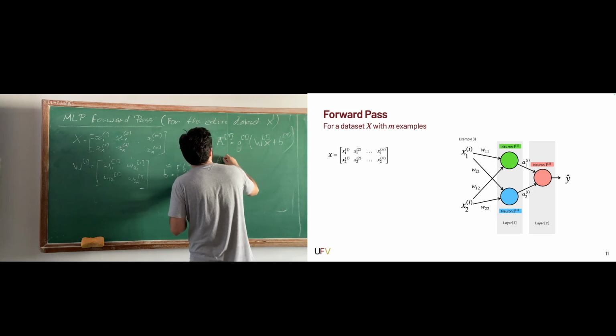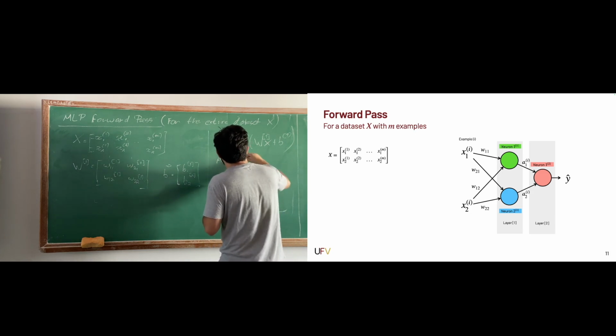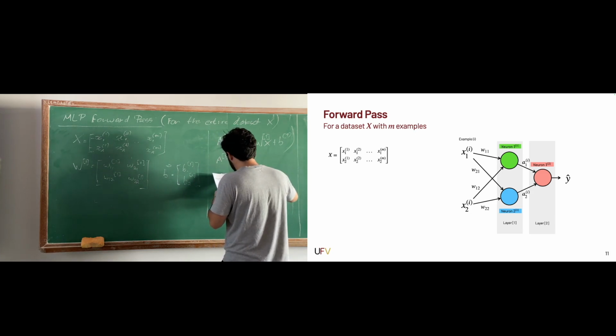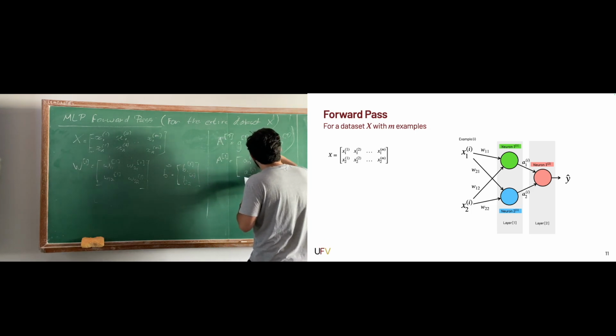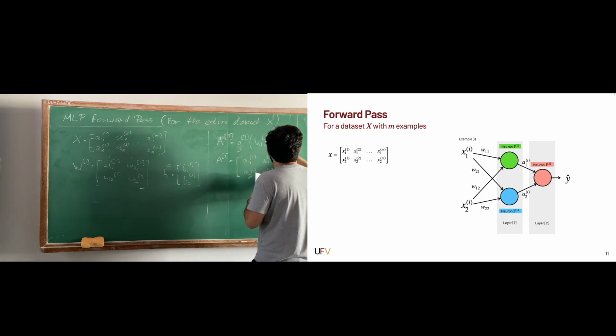And this activation matrix is going to look like this: A1,1, A2,1, A1,2, A2,2, all the way to the m-th example, A of m.